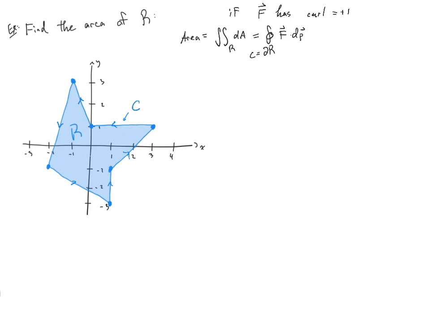So this big integral over C becomes an integral over C1 of F dot dp, plus an integral over C2 of F dot dp, plus, and so on and so forth. And in this picture, 1, 2, 3, 4, 5, 6, I have 6 of these.